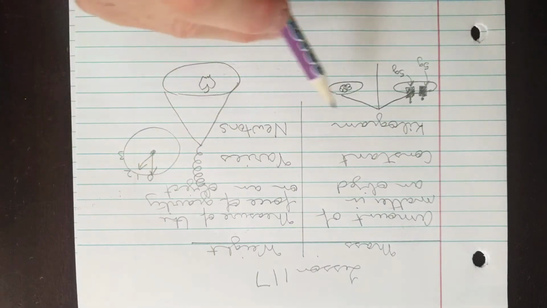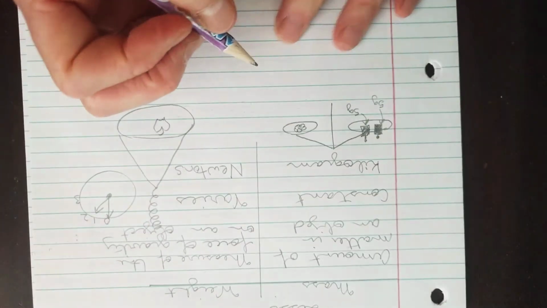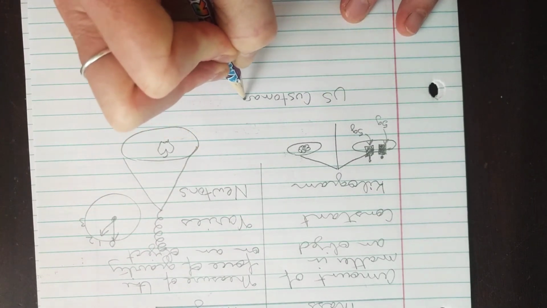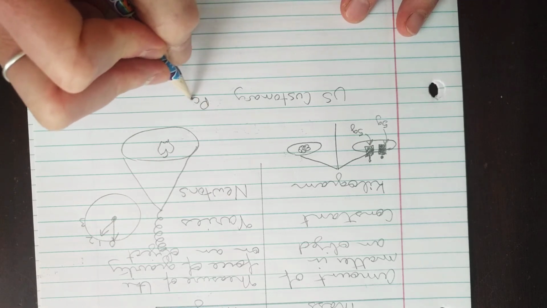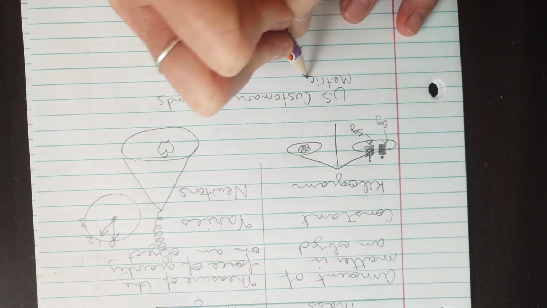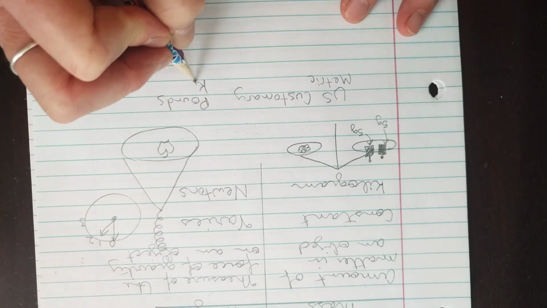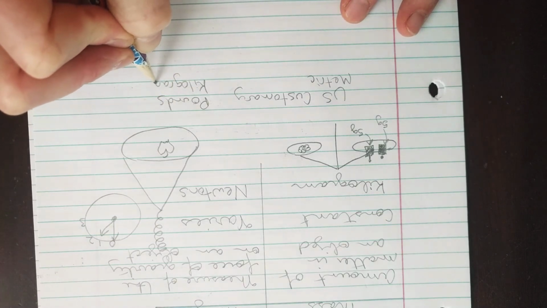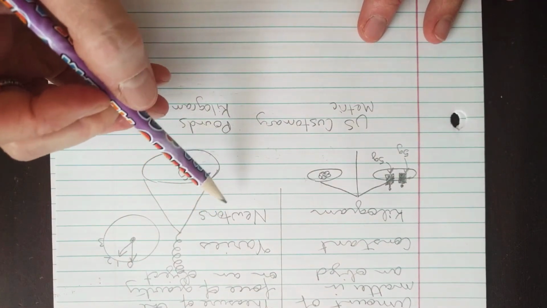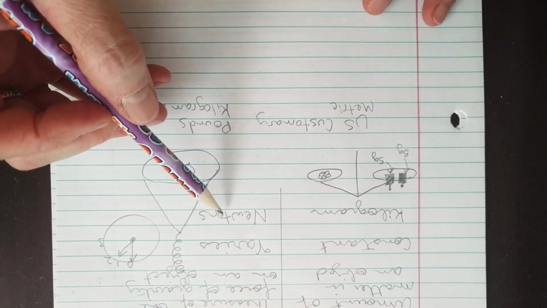But really they're used interchangeably. For U.S. customary, we use pounds, and for metric, we use grams or kilograms. Mostly you don't use newtons unless you're talking about some scientific endeavor.